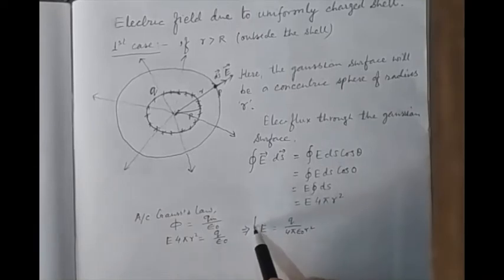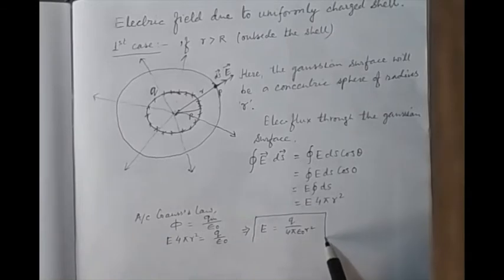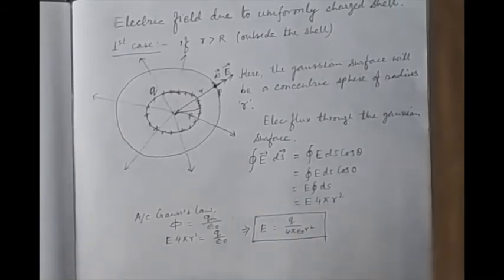Thus we find the expression for electric field due to a uniformly charged cell at a point outside the cell.